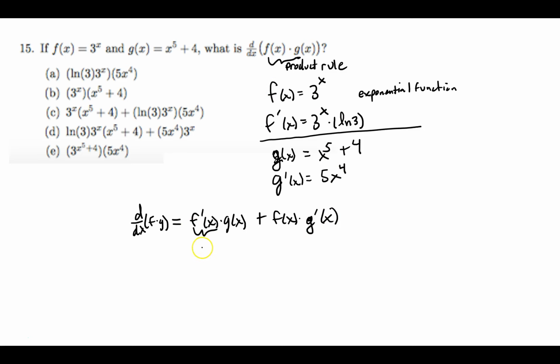We have the derivative, which is 3 to the x times the natural log of 3, times g, which is x to the 5th plus 4. Then there's a plus sign where we leave f alone, and we multiply by g's derivative, which is 5x to the 4th. And that matches one of our answers.